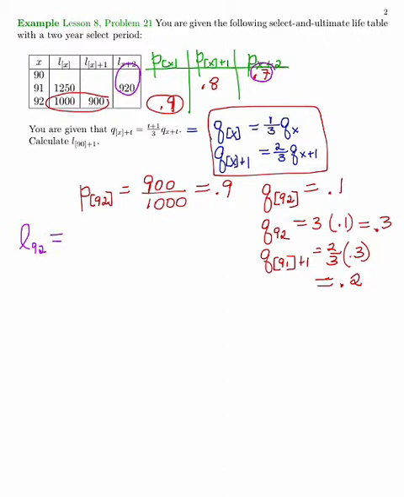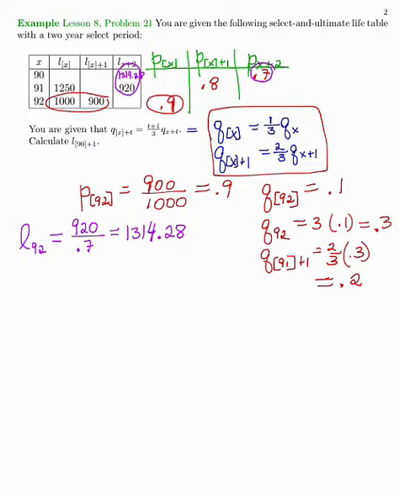L92 is going to be 920 over 0.7, which is 1314.28. So that can go right here.